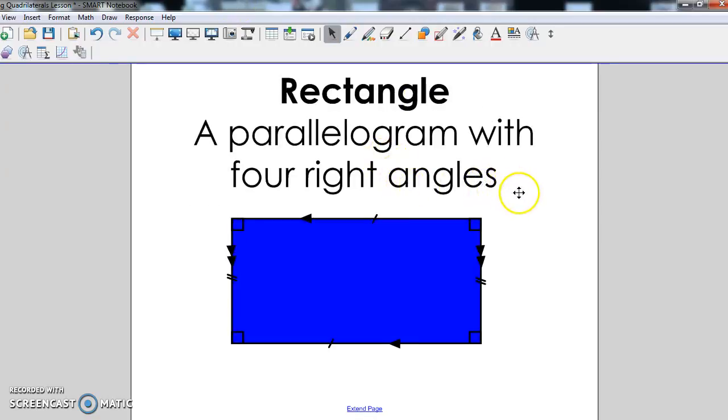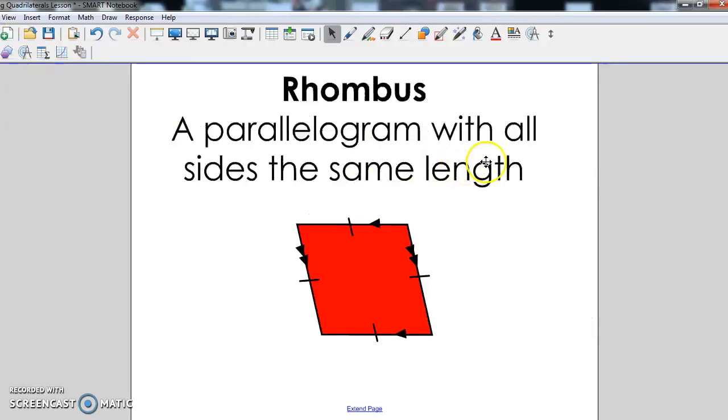A rectangle is a parallelogram with four right angles. So basically, you take the parallelogram and you put 90-degree angles at all four of its corners, and that is a rectangle. So a rectangle is a special type of parallelogram. All right. A rhombus is a parallelogram with all the sides the same length. So a rhombus is a special type of parallelogram as well. In this case, all four sides are equal.